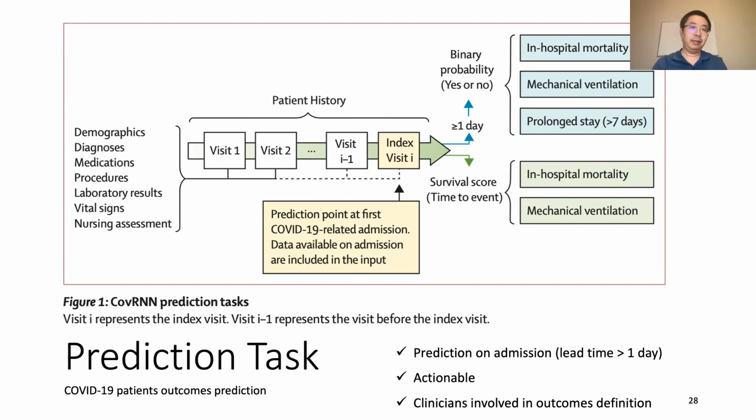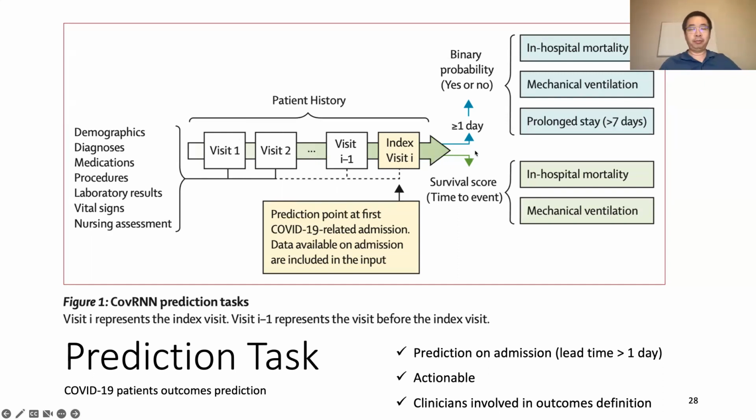So in this framework, PyTorch EHR, we use PyTorch, but methodologically we use this notion: a patient is a sequence of visits, and we take in all the information within each visit, and in the end make a prediction.